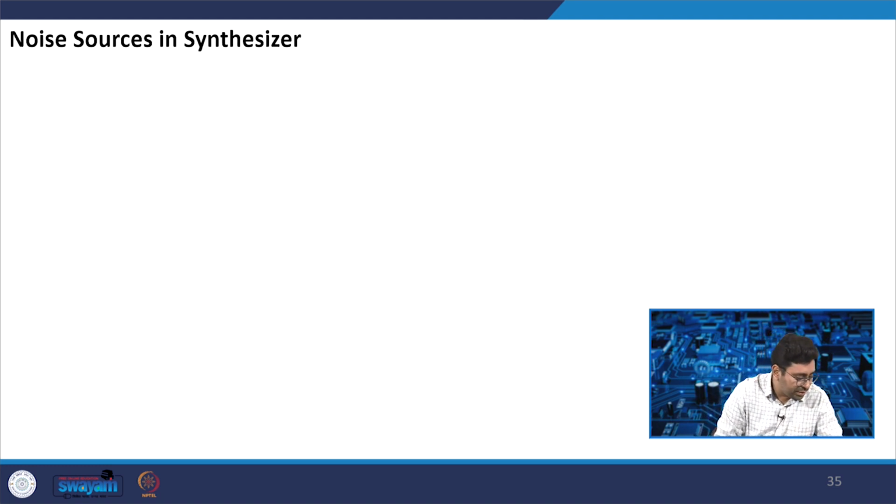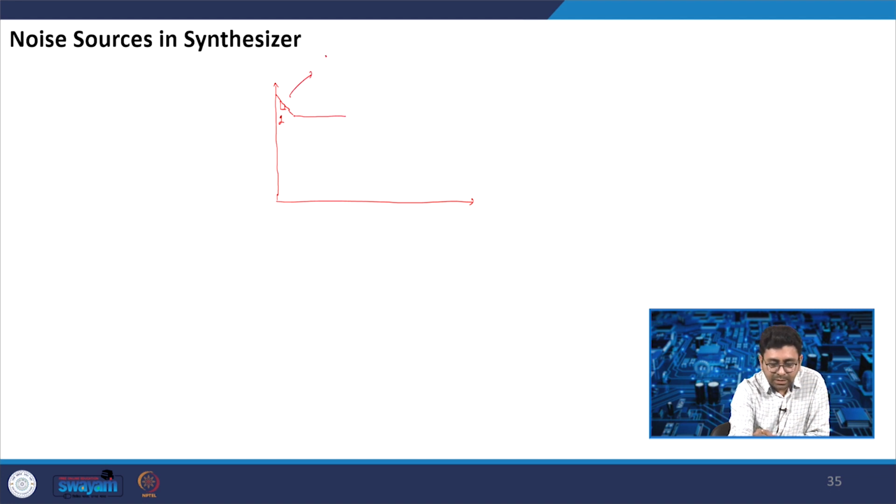Now, what are the noise sources in the synthesizer? If we try to draw this, what are the different noise contributions that happen? So, for low frequency, the reference will dominate, and it has a slope of 2. Then up to the PLL bandwidth, it will be dominated by the PLL.